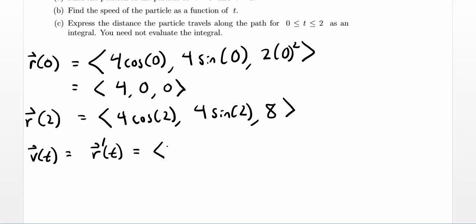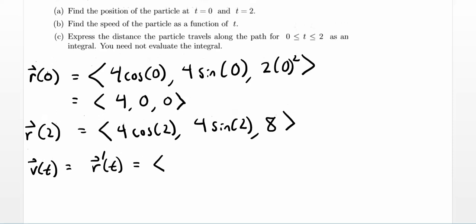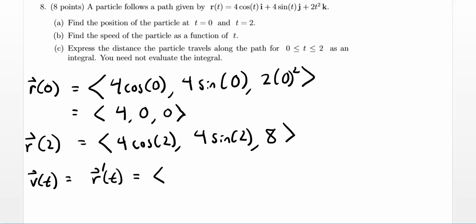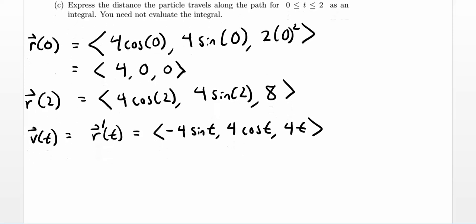And so we're just going to take the derivative part by part. The derivative of 4 cosine t is negative 4 sine t. The derivative of 4 sine t is 4 cosine t. And the derivative of 2t squared is 4t. This is the velocity vector.